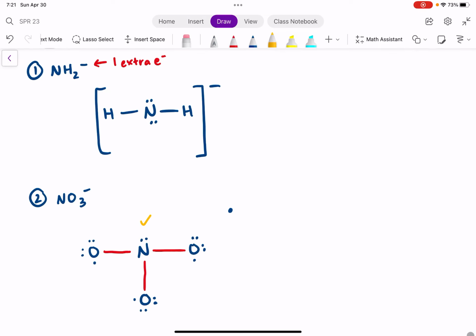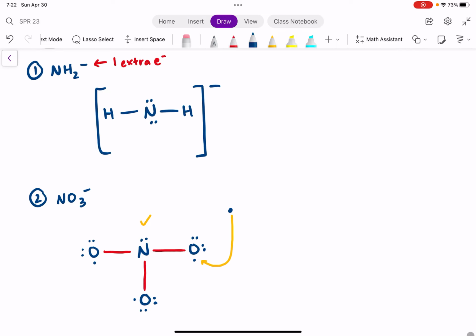What about our oxygens? Let's take a look at this one over here. How many does he have around him? He only has 2, 4, 6, 7 right now. He needs another one. How are we going to do that? Well, we do have that extra electron, right? So let's add that in just like we did last time.